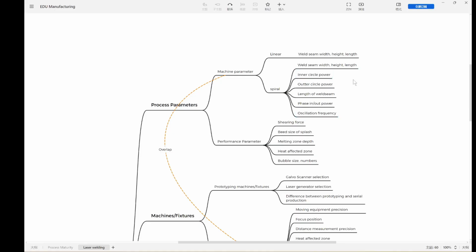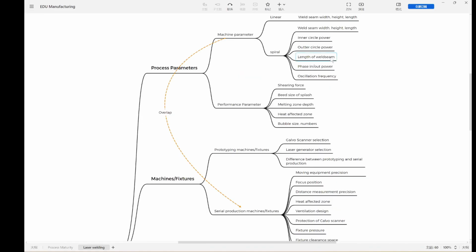There will be the size of the weld seam, the inner circle power, the outer circle power. If you don't understand all these technical terms, it doesn't matter. You can ask your suppliers or search for the detailed information on the internet. There could be more factors that influence the spiral welding quality, and you can search for them.